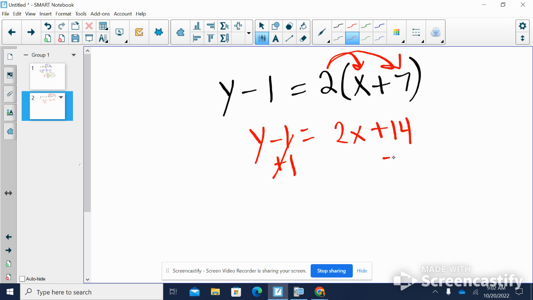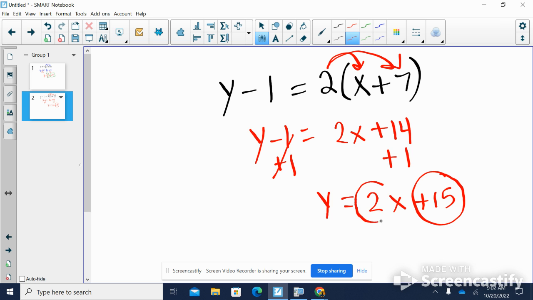We're going to add 1 to both sides, and we get y equals 2x plus 15. This helps me to easily identify the y-intercept as positive 15. And the slope didn't change. The slope's always attached to the x, or the slope's always attached to the parentheses.